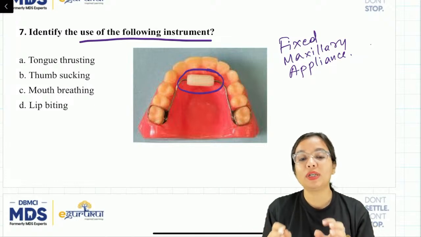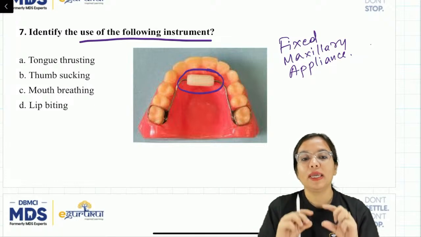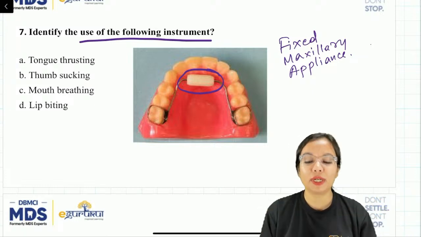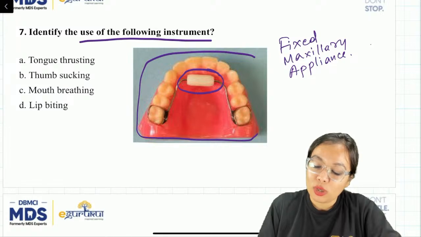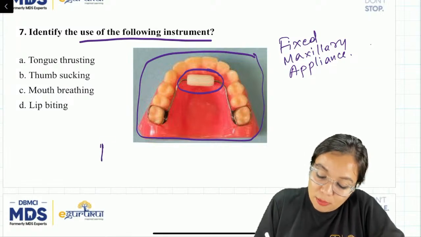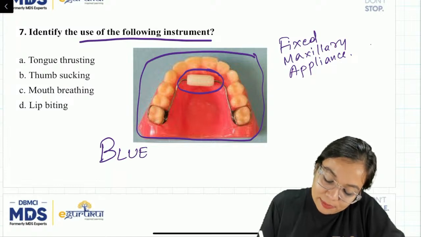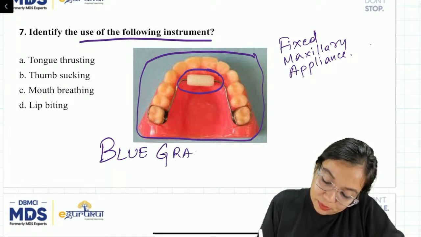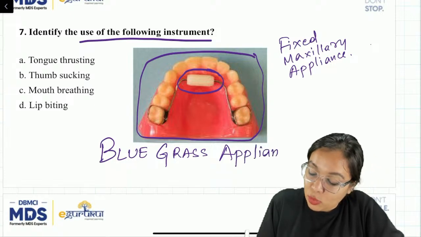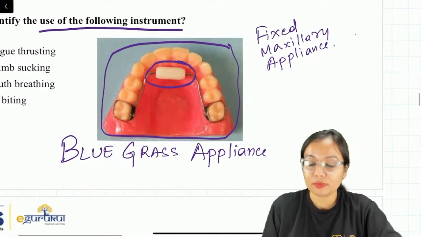This cylindrical part is a roller that freely moves around the wire, and it is made out of Teflon, and this whole appliance is known as the bluegrass appliance. Okay, so what is this? This is the bluegrass appliance.